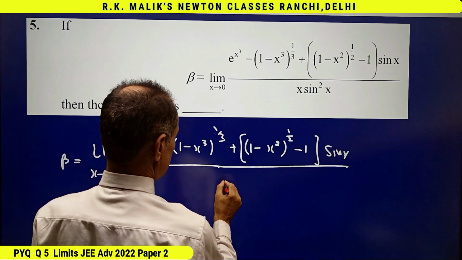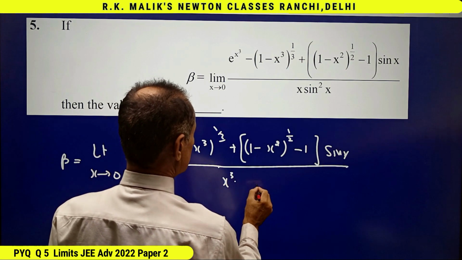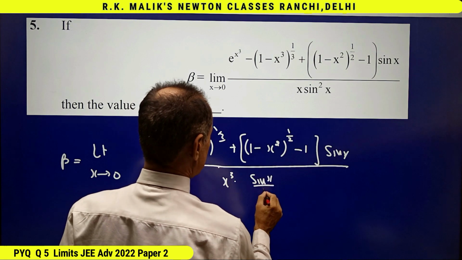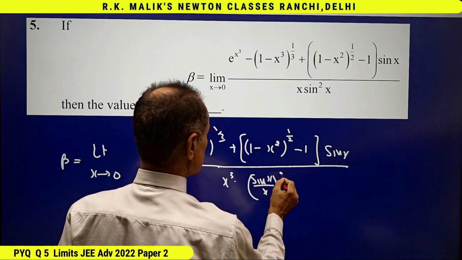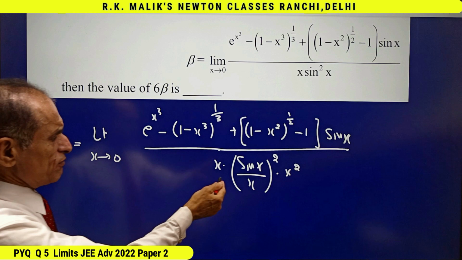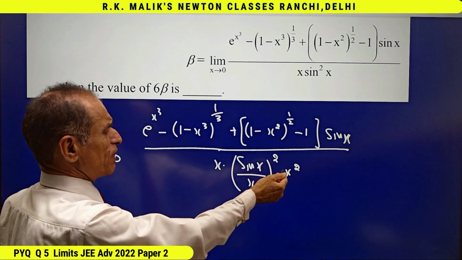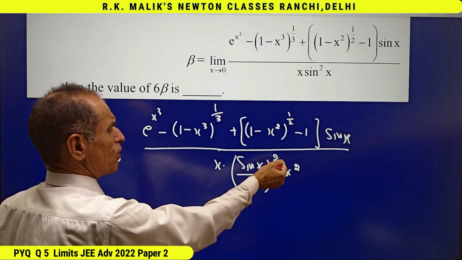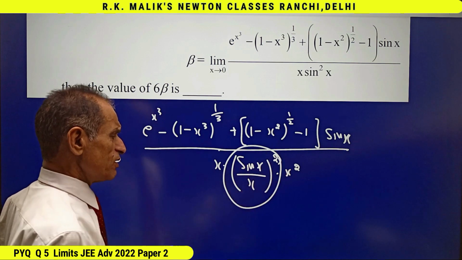upon x cube into (sin x by x) whole square. I have multiplied and divided by x square because the limit of this part is clearly 1.